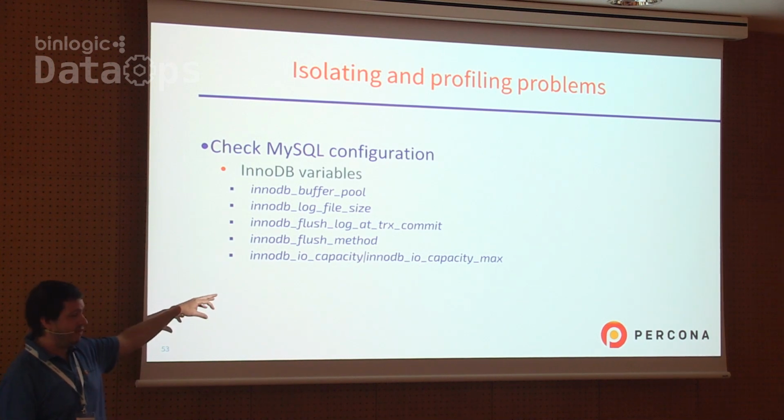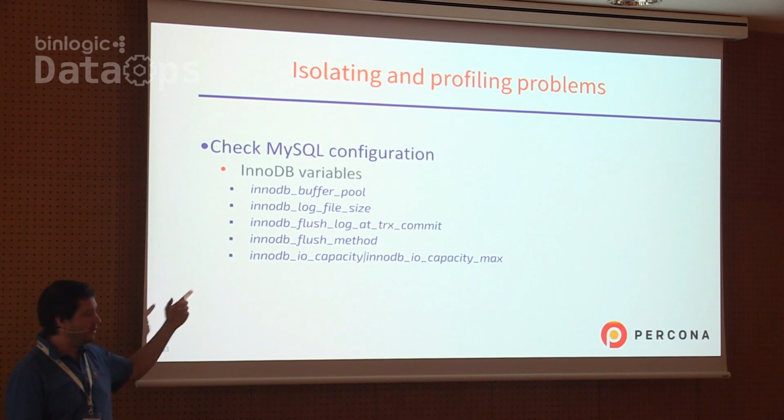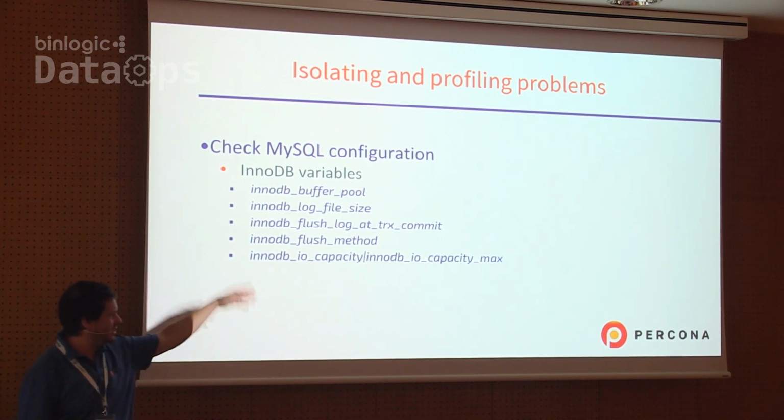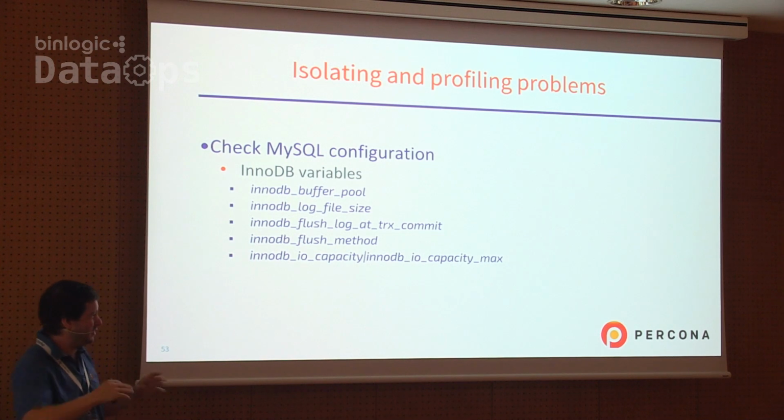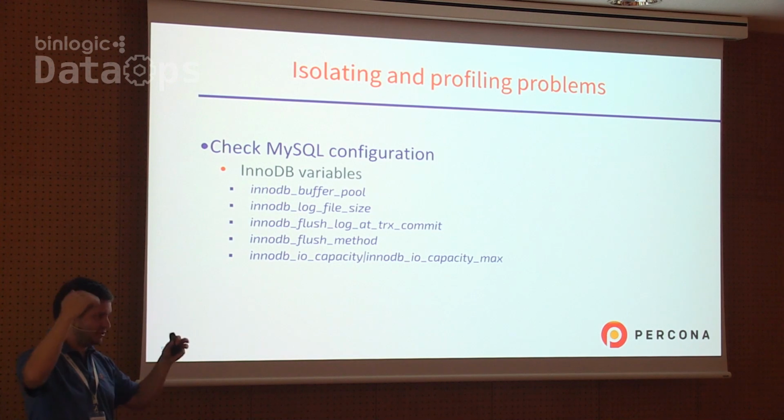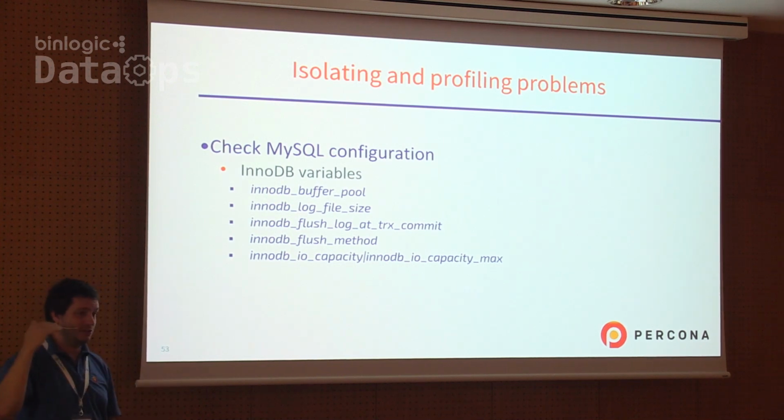Sometimes I found this becoming a problem in replication environments. People set these two variables like crazy, 4K for I/O capacity and 10K for I/O capacity max, which is huge, and start suffering problems with replicas. Because with row-based replication, every row creates a commit, everything is flushed for every row, so replicas start to have problems.